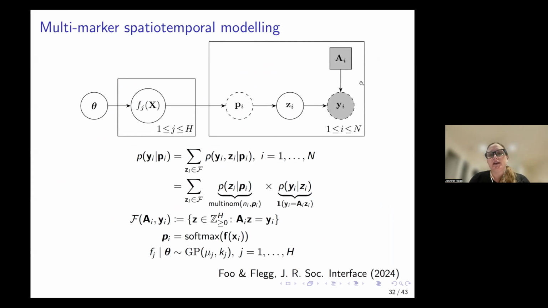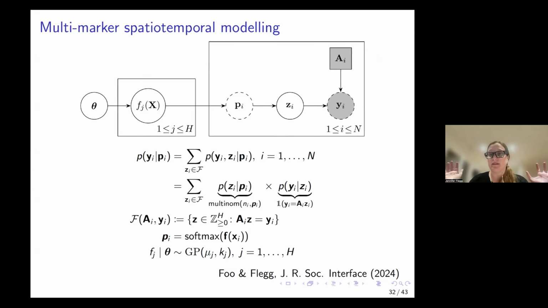So if we're happy to marginalize over all of the combinations of those haplotype counts, which are consistent with our partial observations, what we can write down is our likelihood, which is the probability of our partially observed data given those underlying probabilities of each of the haplotype counts.